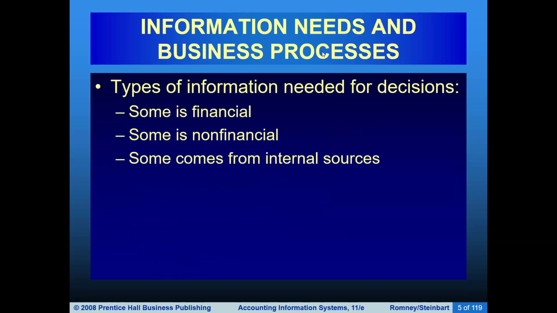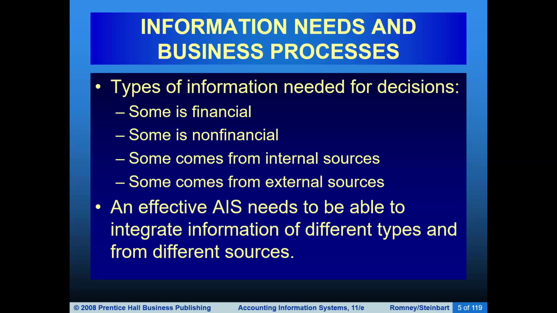Different decision types are there. Some information comes from internal sources and some from external sources. An effective accounting information system, AIS, meaning accounting information system, needs to be able to integrate information. This word is very important. Integrate, right?